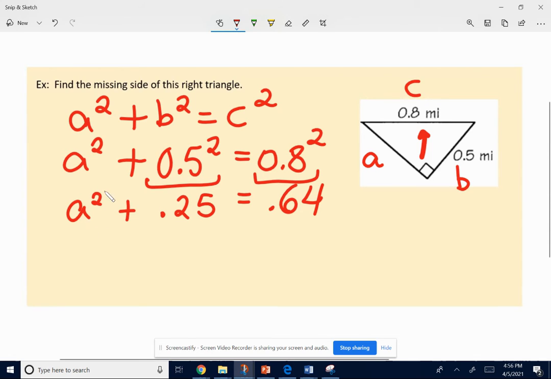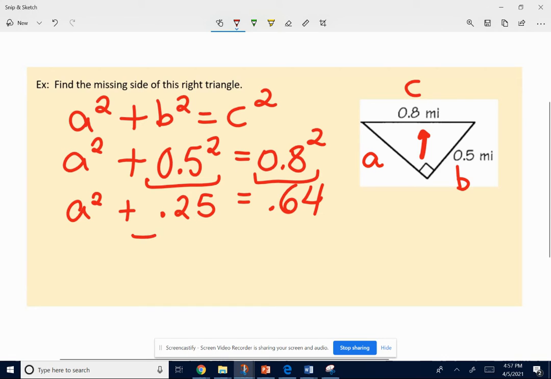There's something a little bit different in this problem than the other types of problems. In this kind of problem, if I'm finding a leg, notice I have something added to A squared. When I solve an equation, if I have something added, I need to get rid of it.